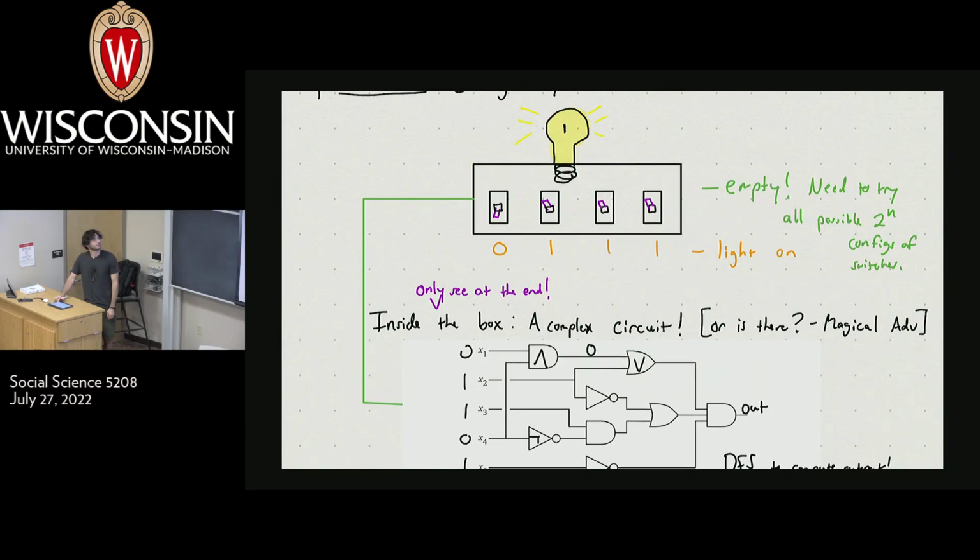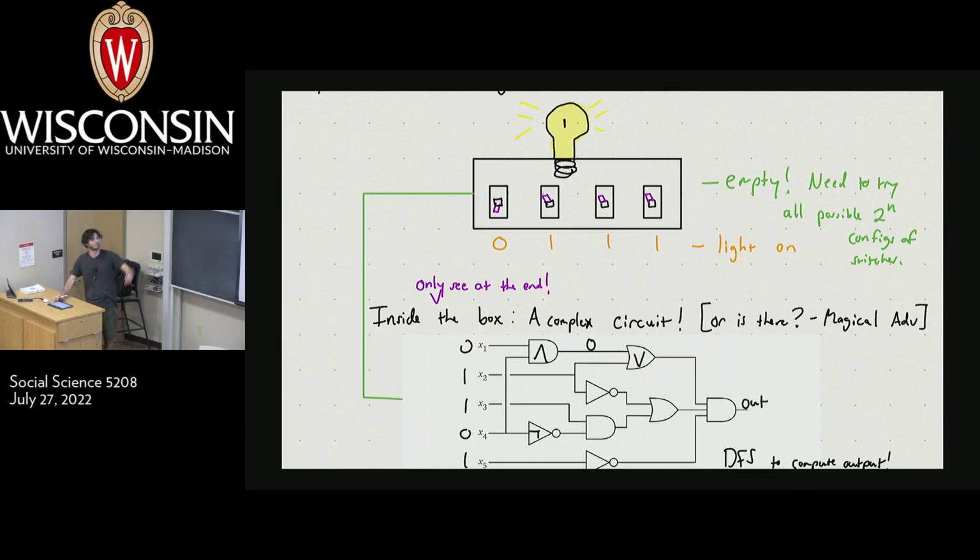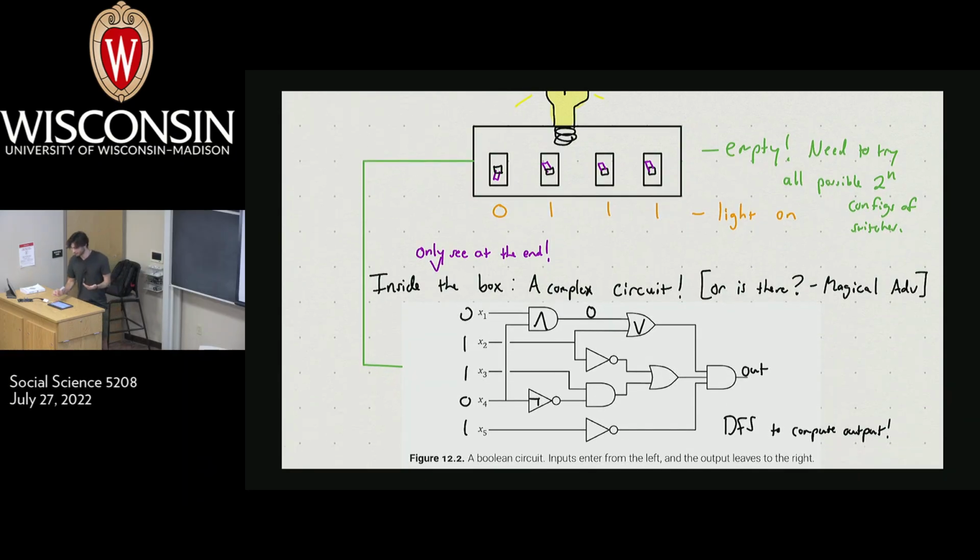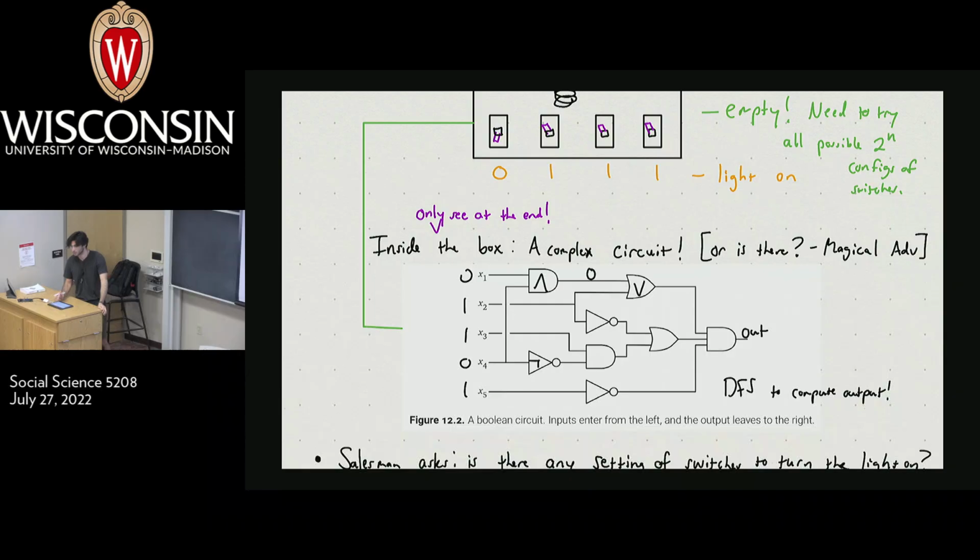Okay, so clearly this is hard because you have to try all 2 to the n possibilities. But even if the adversary is honest with you and just straight up tells you this is the circuit in that box, if he gave you in advance the blueprint of the circuit so you could actually test it, you could compute all these possible configurations, even if you had that additional knowledge so he couldn't cheat you by just magically creating circuits at will, it's still going to be hard.